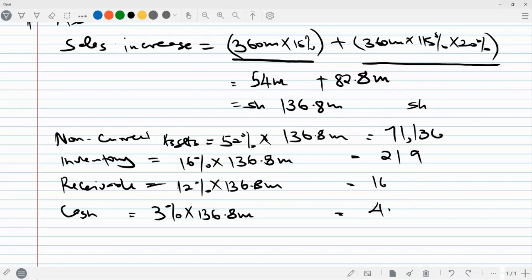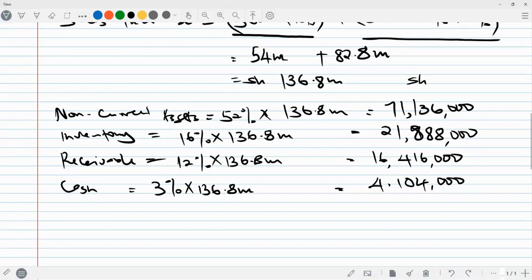71.136, 21.888, 16.416, and 4.104. That gives the increase in the individual accounts.